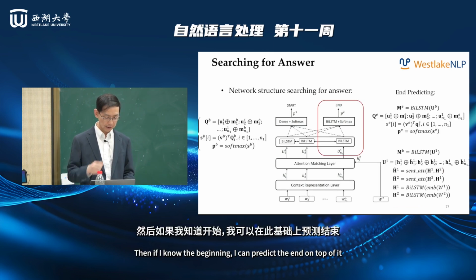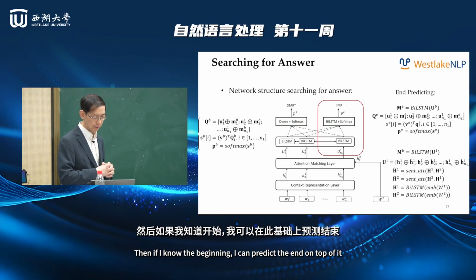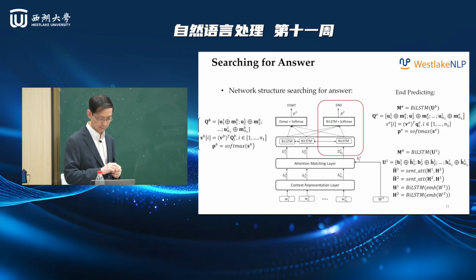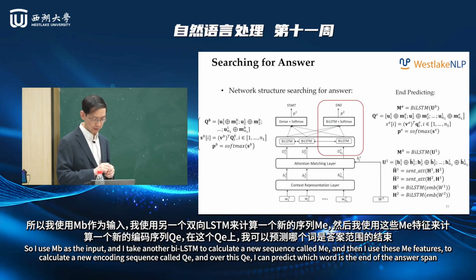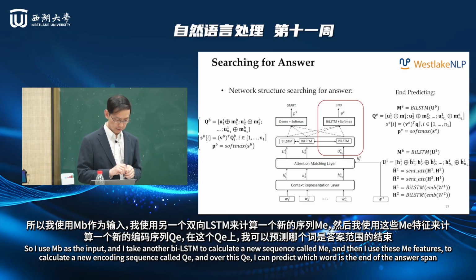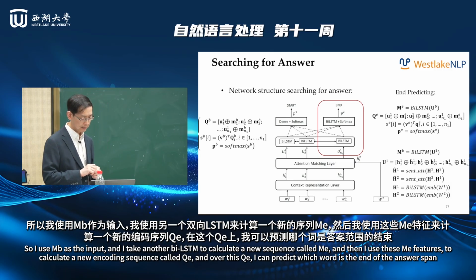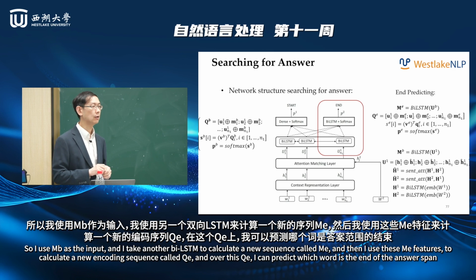Then if I know the beginning, I can predict the end on top of it. So I use MB as the input, and I take another BiLSTM to calculate a new sequence called ME.